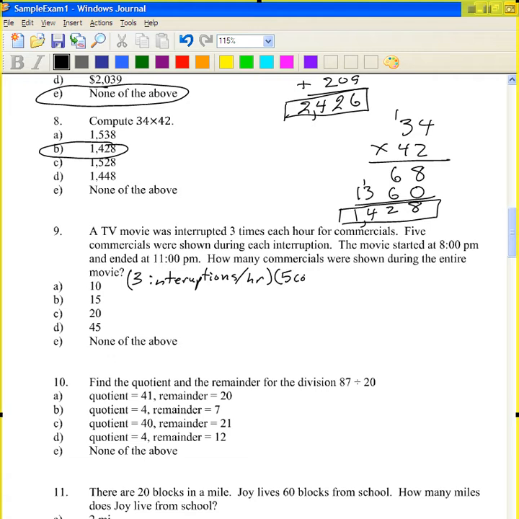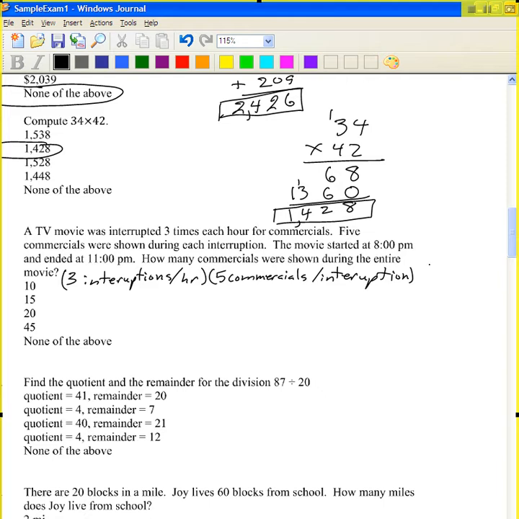So 5 commercials per interruption. The movie started at 8 p.m. and ended at 11 p.m. So that's 3 hours. 3 hours.